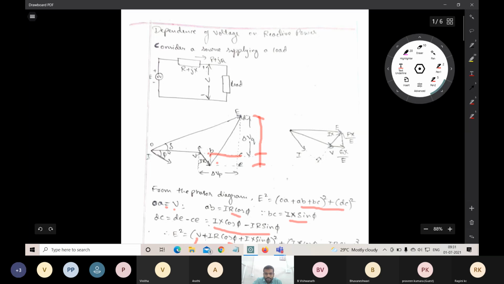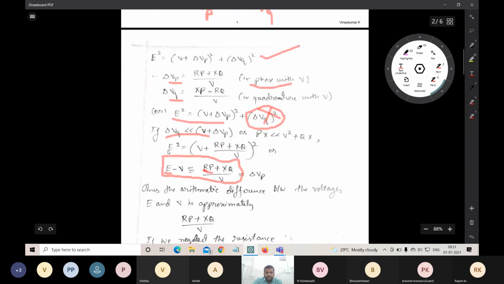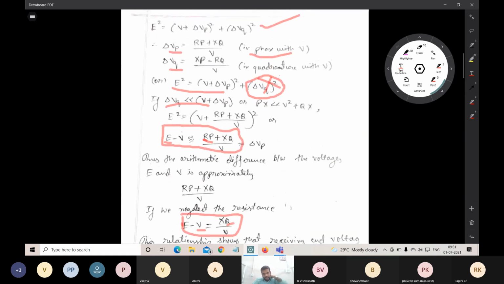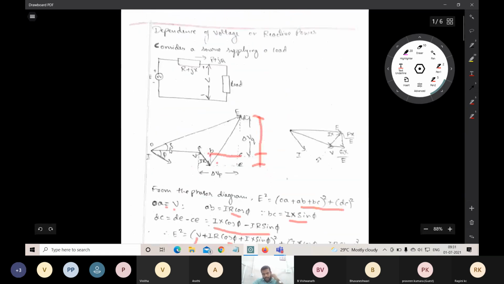Here, the sine of this angle, sine delta, is equal to opposite side by hypotenuse, delta Vq divided by E. So sine delta is equal to delta Vq divided by E.